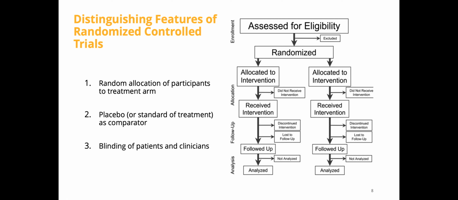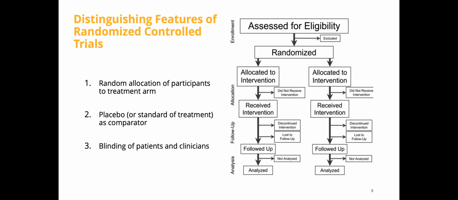Typically in an RCT, there's a placebo arm, which is typically an inert medication or substance that doesn't contain the active ingredient of interest. So that's usually the comparator group, or you have a standard treatment group as the comparator, which again is another medication on the market with a similar or the same indication for treatment as the new study medication.